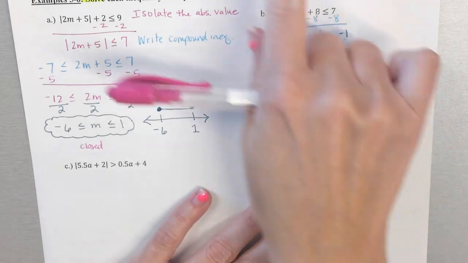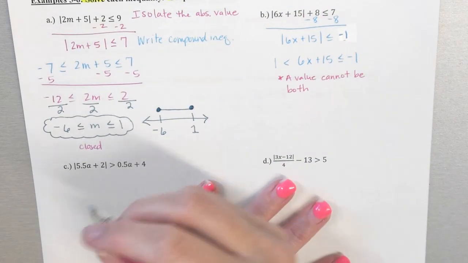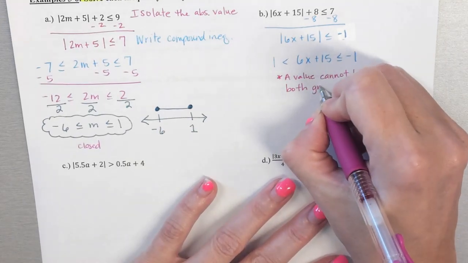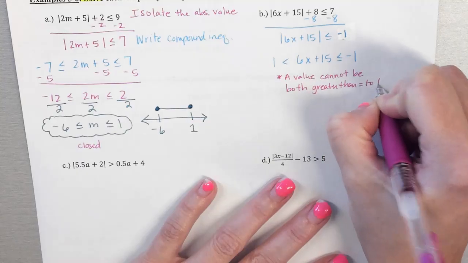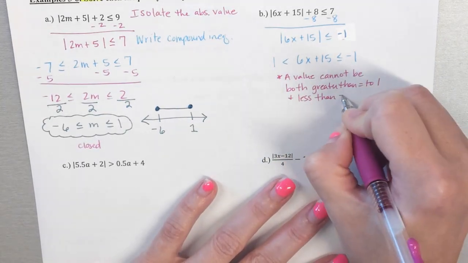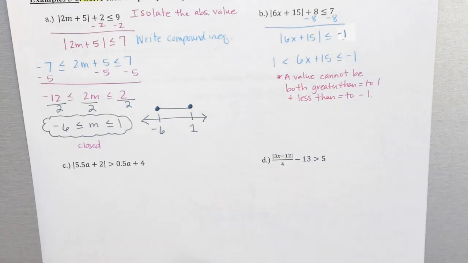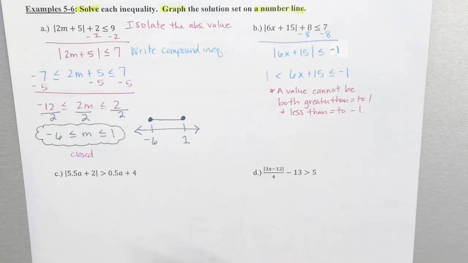Okay, but that is our setup, right? According to the equivalent, a value cannot be both greater than or equal to 1 and less than or equal to -1. Okay, that means the solution for this is something we talked about yesterday called the null set.